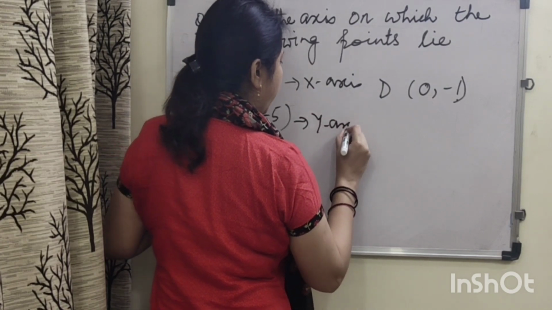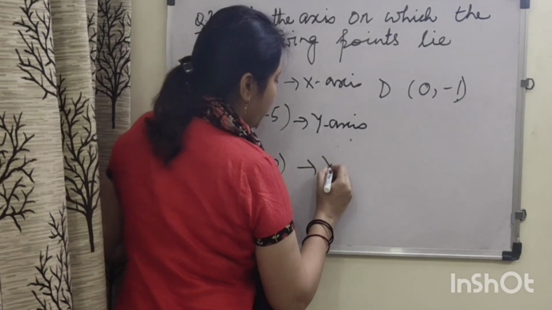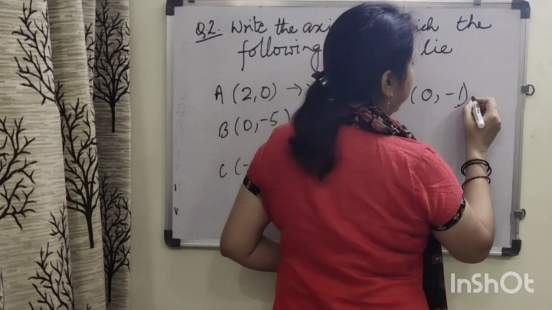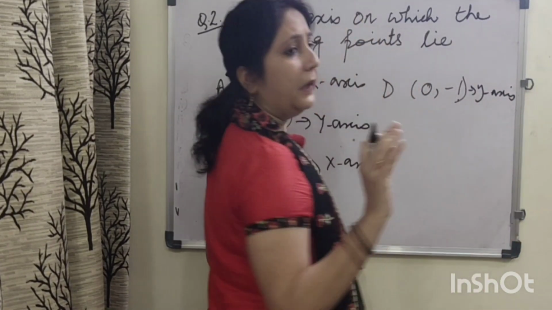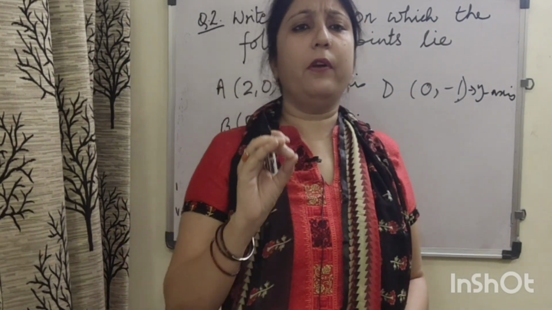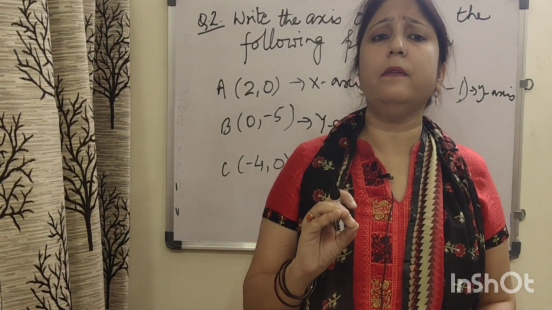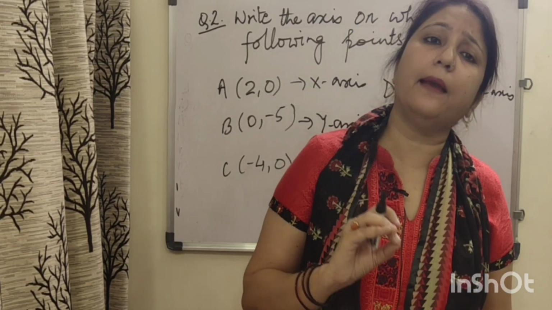So now just looking at the point, you can tell me, ma'am, this is on the x-axis, this is on the y-axis as x value is 0. Here y is 0, so it will lie on the x-axis. Here x value is 0, so it will lie on the y-axis. Simple. If the x coordinate is 0, the point will lie on the y-axis. If the y coordinate is 0, the point will lie on the x-axis.